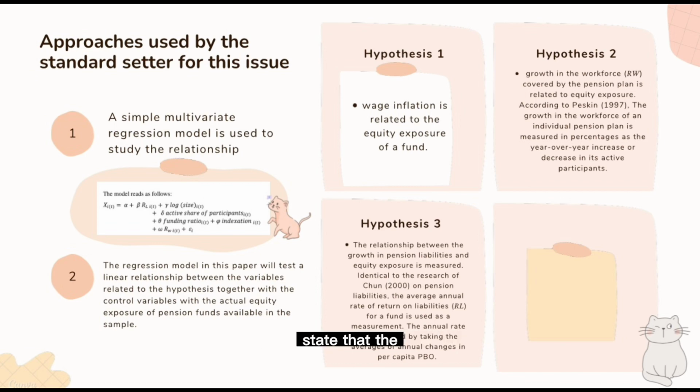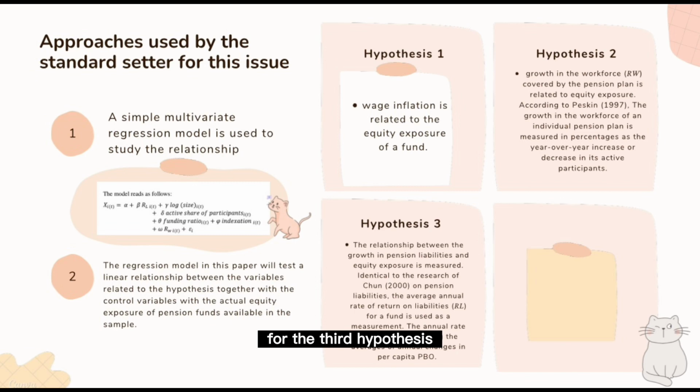The second hypothesis states that the growth in the workforce covered by the pension plan is related to the equity exposure. According to Peskin, the growth in the workforce for an individual pension plan is measured in percentage as the year-over-year increase or decrease in its active participants. Active members are generally current employees of the sponsor company and thus a good measure of workforce growth at the level of the individual fund.